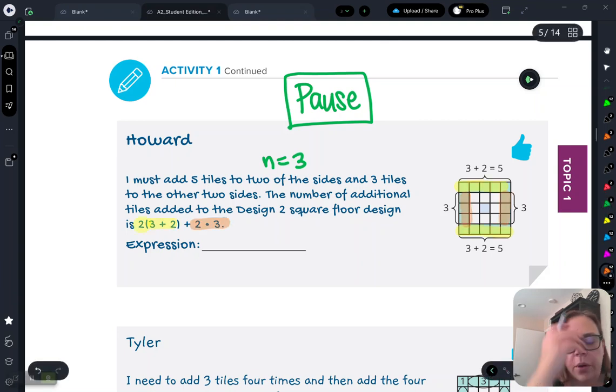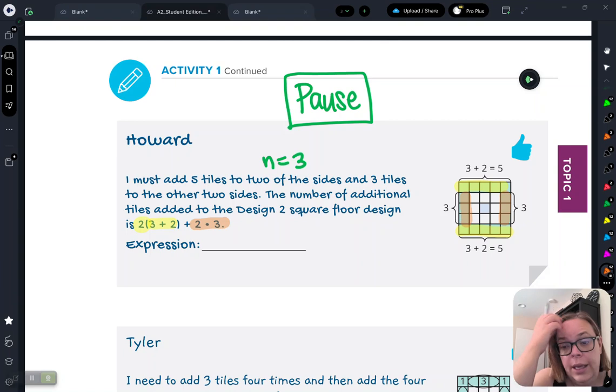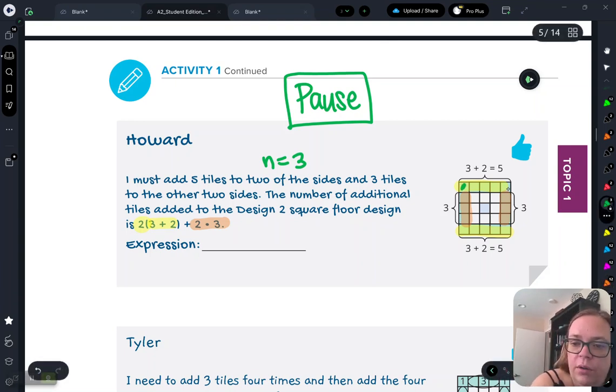Okay, so for Howard, he sees it as the top and the bottom has 2 extra tiles from the original edge. So the original edge was 3, but they added 2 on each end. So the 2 on each end were these 2. So we have 3 plus 2, and then there's 2 of them.